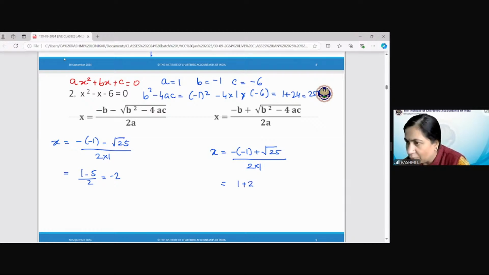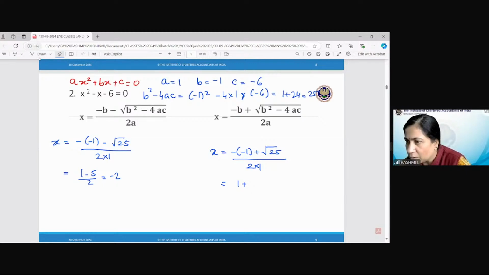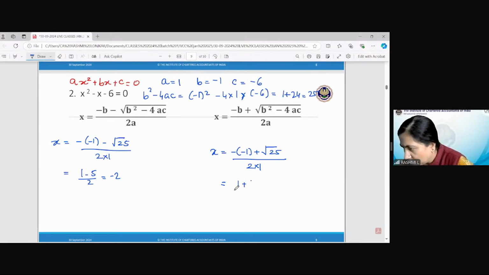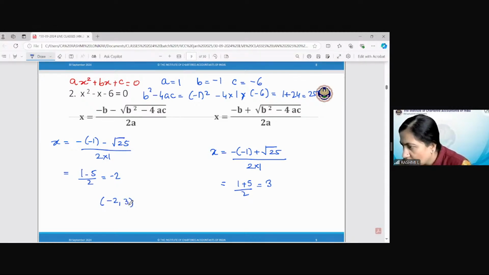Sorry, square root of 25 will be 5. Upon 2. So 5 plus 1 is 6, 6 upon 2, that is answer is 3. So what is the answer? -2, 3. David, have you understood?